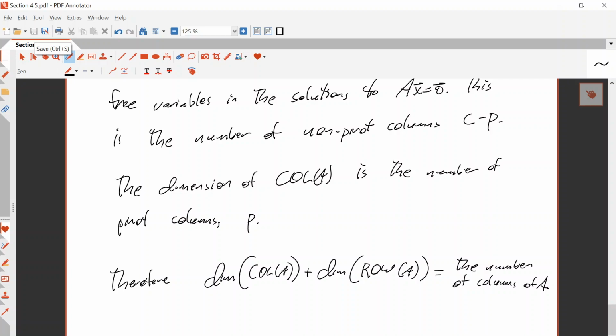So for any matrix A, that's one cool thing about the null space and column space. Their dimensions just add up to the number of columns, because one is P, the other is C minus P.